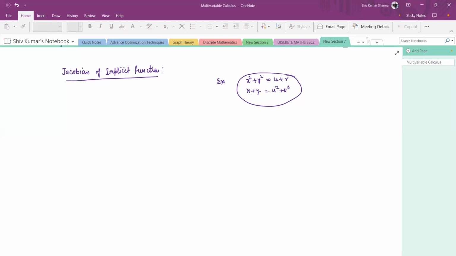So we start with the first part of the implicit function, that means taken two variables.